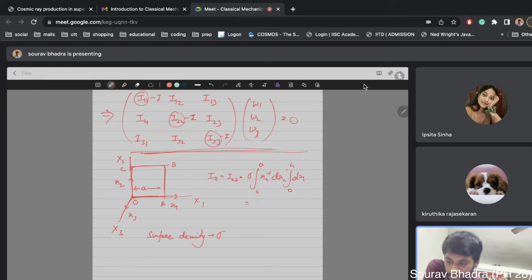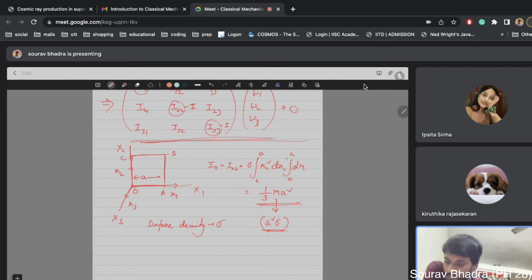If you calculate, you will get 1/3 M a square, where capital M is the mass of the system. It is very trivial and I have also done that, so go to that. It is your I11 and I22. Your M is actually a square sigma.